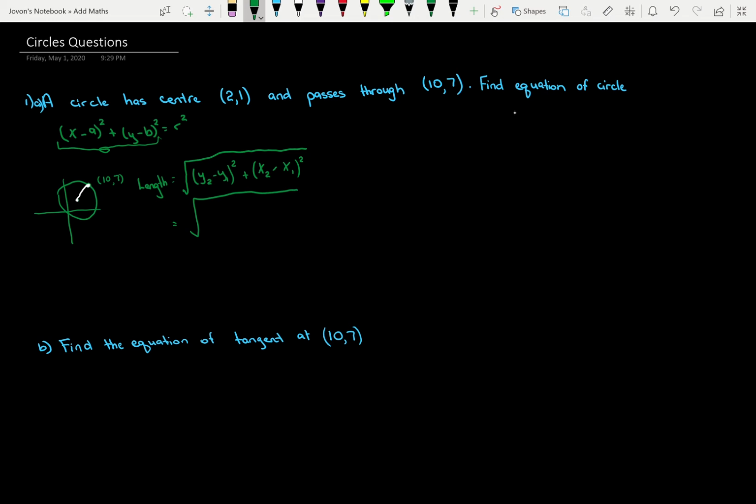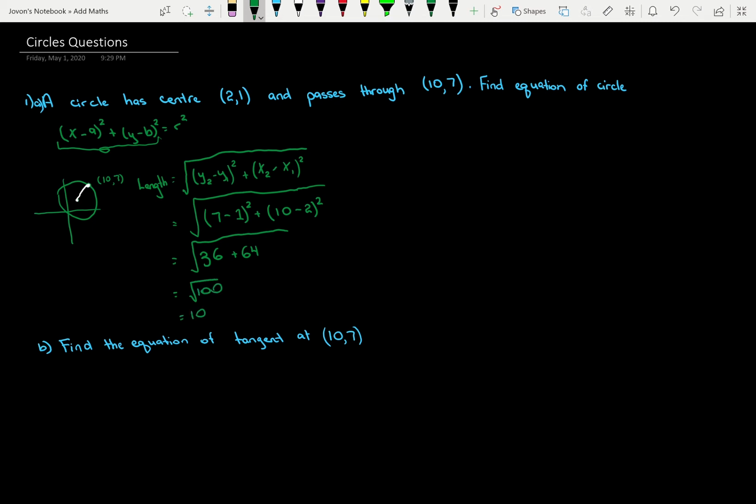Y2 is 7 minus y1, which is 1, all squared, plus x2, which is 10, minus x1, which is 2, all squared. This is equal to the square root of 7 minus 1 is 6, 6 squared is 36, 10 minus 2 is 8, 8 squared is 64, which is equal to the square root of 100, which is equal to 10.